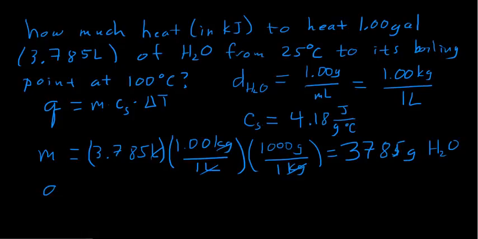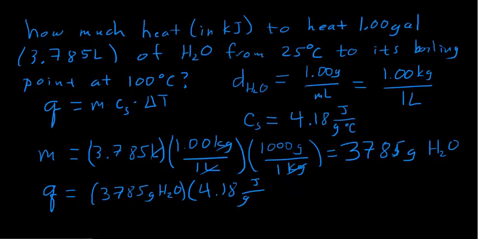Now we can plug it into our equation for heat. So heat is equal to 3,785 grams of water, and then our heat capacity is 4.18 joules per gram per degree Celsius, so our gram unit will cancel out. And then we have our delta T next. T final is 100 degrees Celsius minus our initial temperature, 25 degrees Celsius.